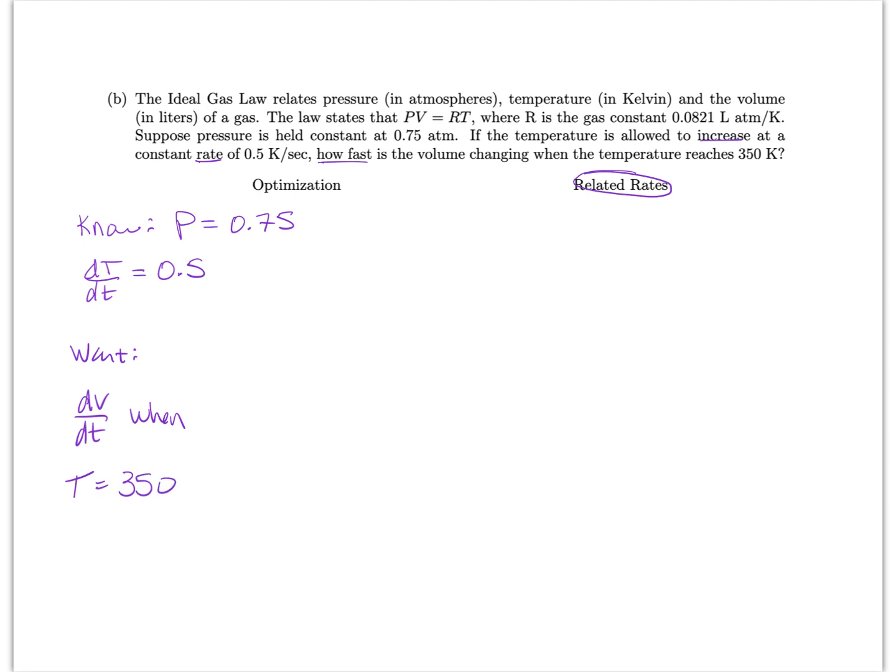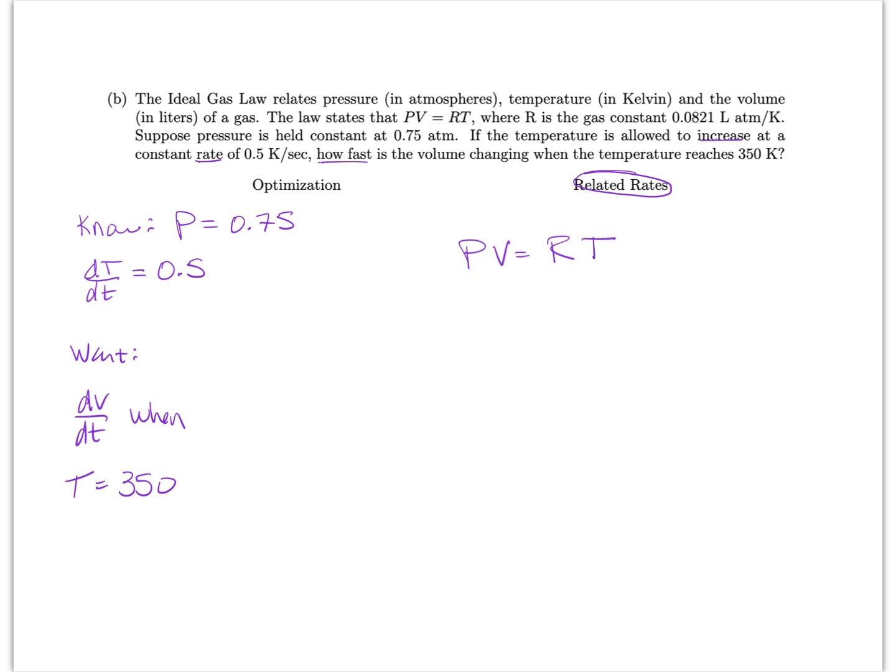And then I'm going to use my equation that relates all my important variables. So important variables are P, T, V, and R is in there too, but that's okay. We've got an extra variable. Okay, so I have PV equals RT, and R is actually a constant. It's 0.0821. So I could put that in if that makes things clearer.